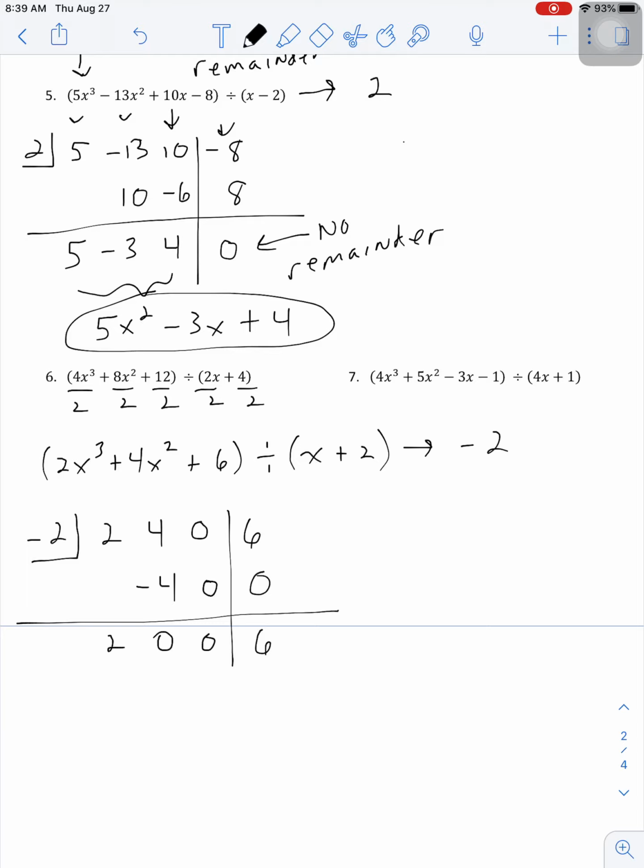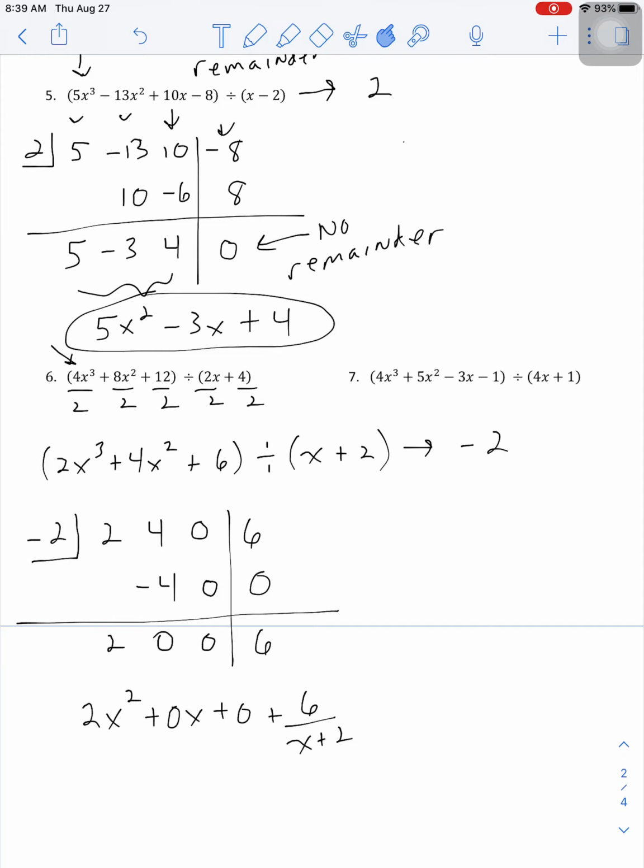All right, so again, since we started with a degree of 3, I have 2x squared plus 0x plus 0, plus 6 over x plus 2. All right, now they're going to do a couple of things here.